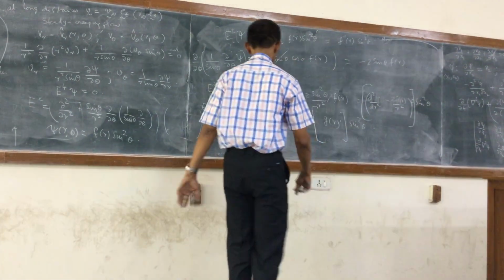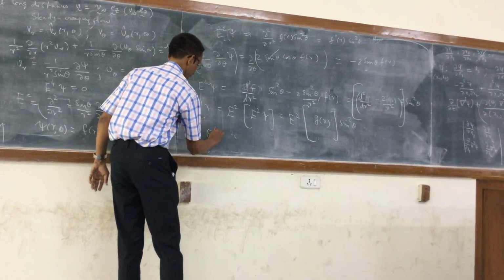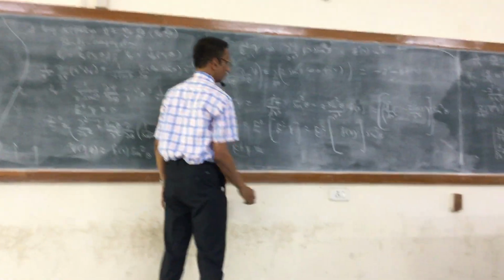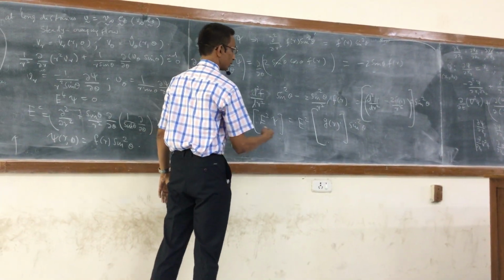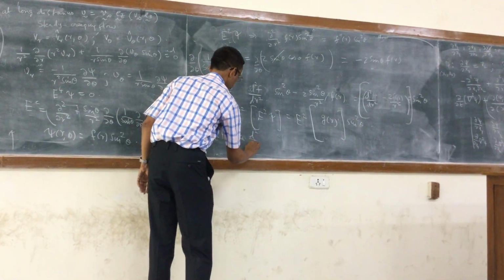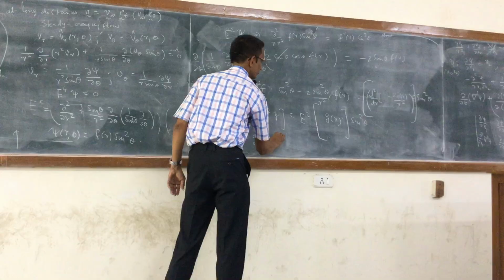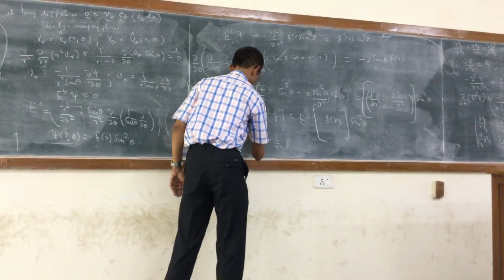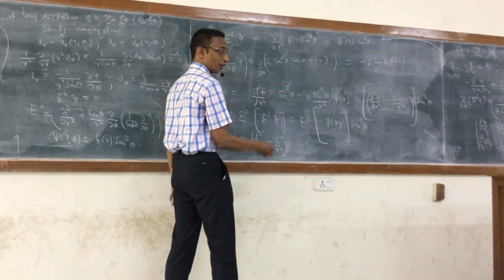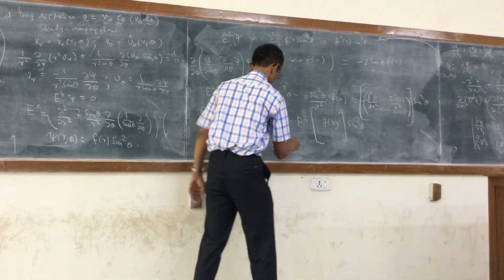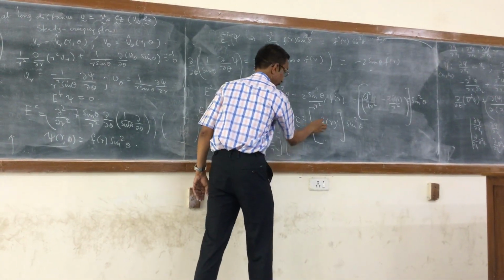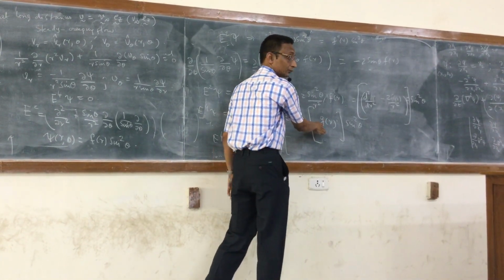So I will now argue that E to the power 4 psi is given by d squared by dr squared minus 2 by r squared, acting not on f but on g. What is g?